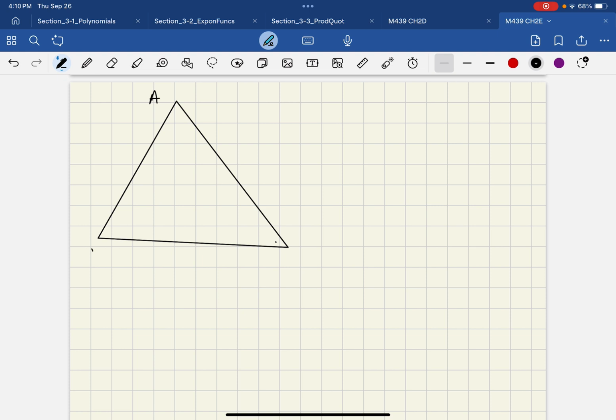A, B, C. So that means that this distance here we'll call B. This distance here we'll call C. And this distance here we'll call little a.